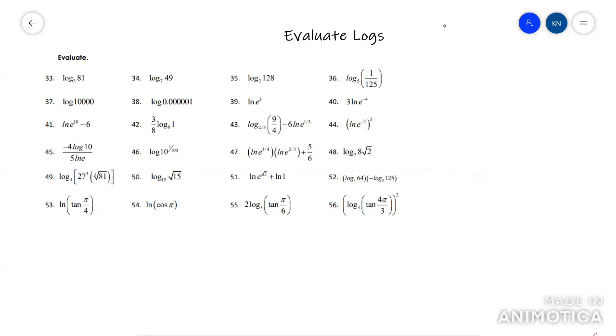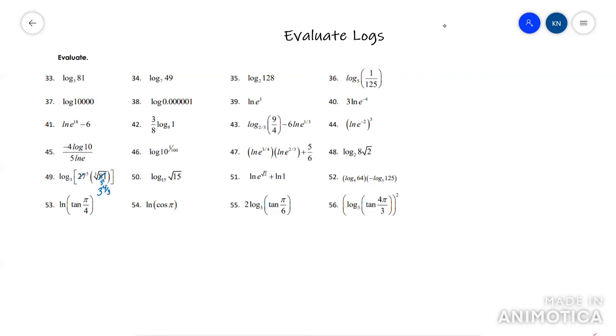Okay. If they give you something like 49, that's kind of another tricky one. You're going to want to do the inside first and work your way out. So this right here, 81, is 3 to the 4th. And then when you cube root that, really it's like 3 to the 4/3, like that.